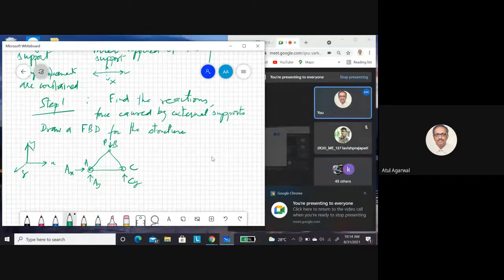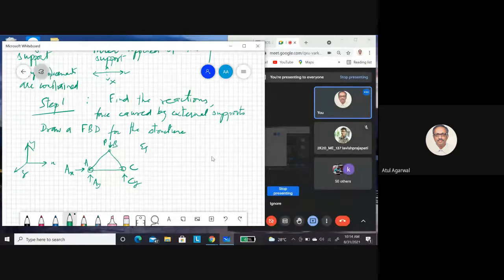So, what are the equations of equilibrium? This is a plane truss, meaning all members are in plane XY, and forces are also in plane XY. So you have only three equations of equilibrium. Now you take the first equation. What is the force in x direction?